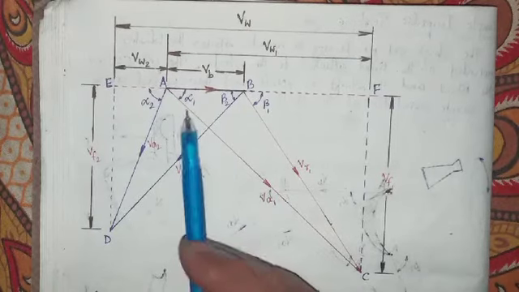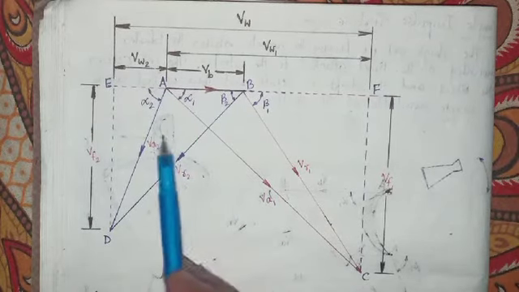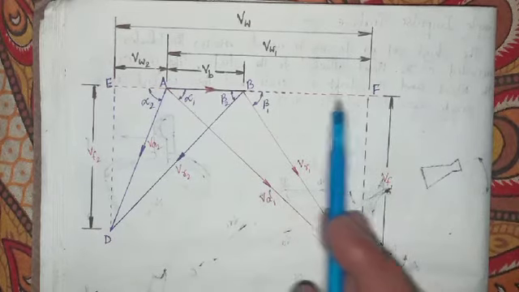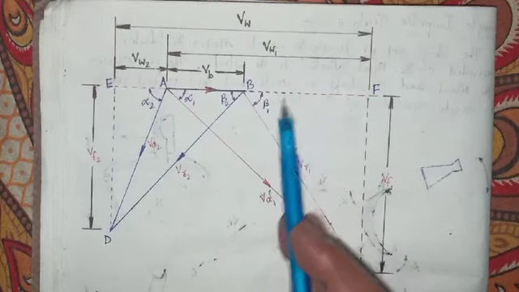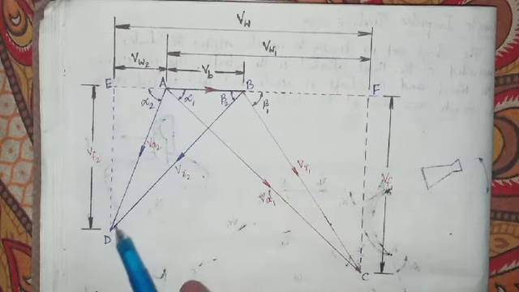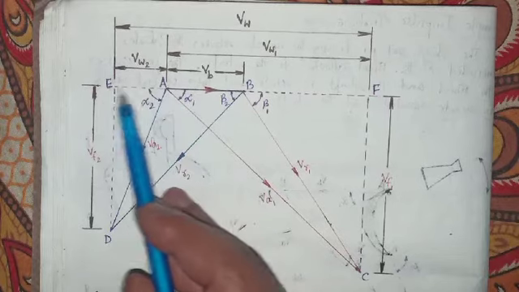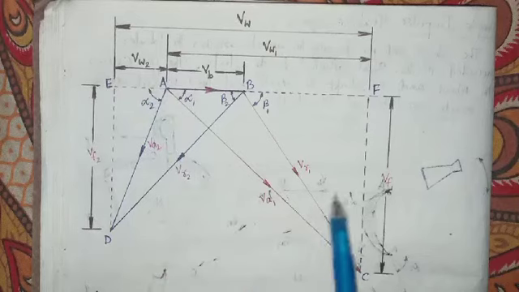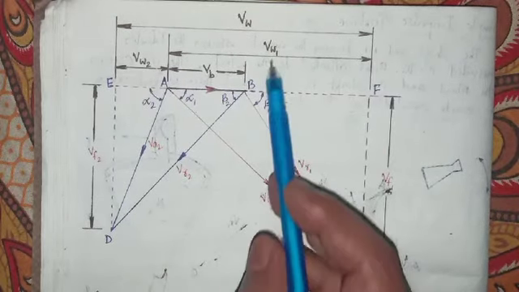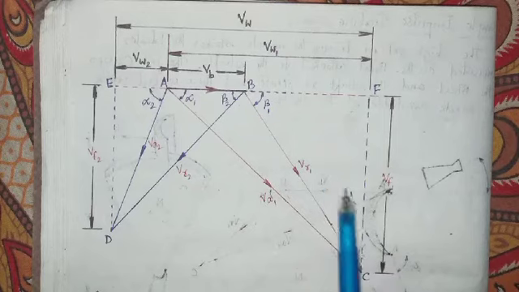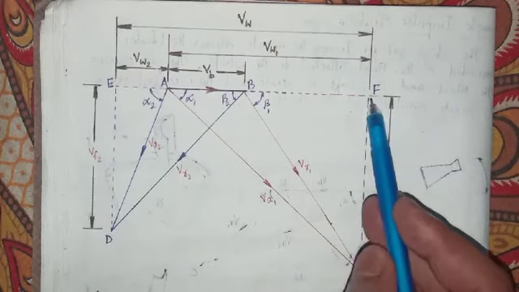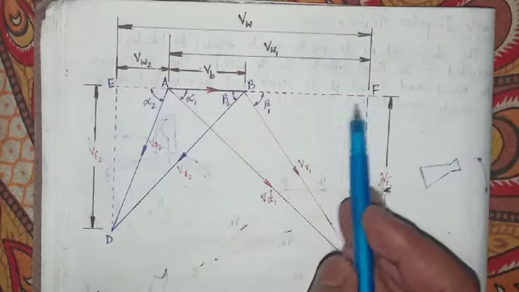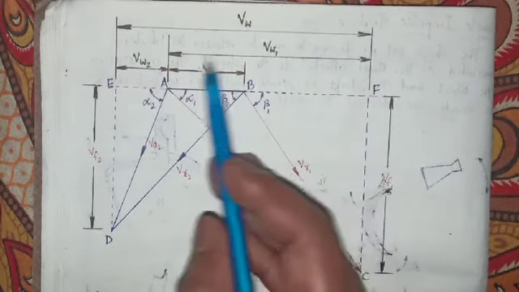The component of VA1 towards AF is VW1, and the component of the absolute velocity of leaving in this direction is VW2. Looking at the right triangle, with VA1 as the hypotenuse and this as the base, AF equals VW1.